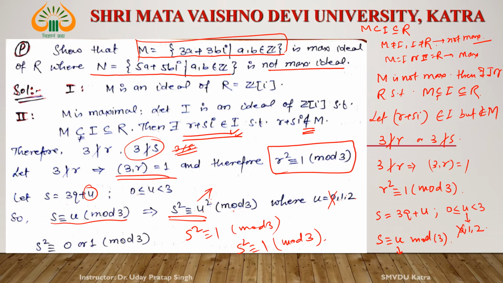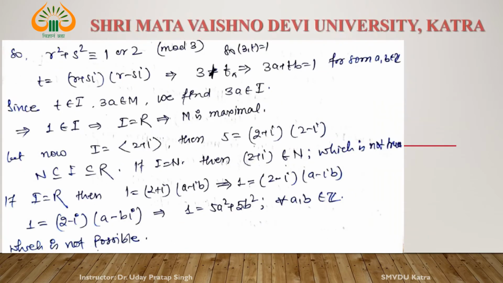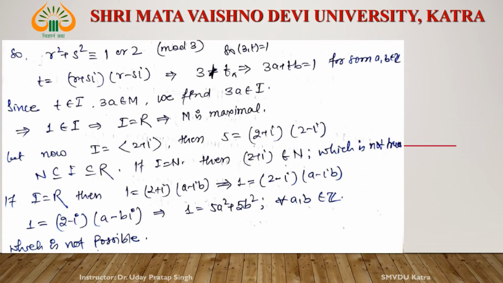So S square is congruent to 1 modulo 3 and R square is congruent to 1 modulo 3. So S square plus R square is congruent to 2 modulo 3.